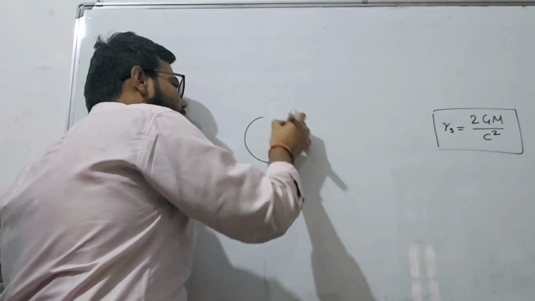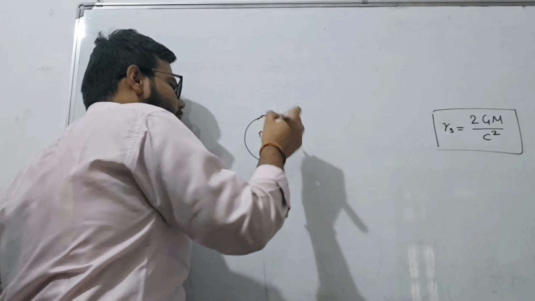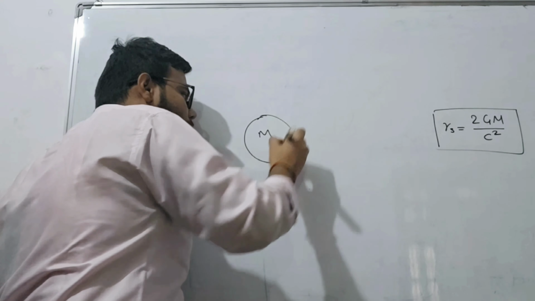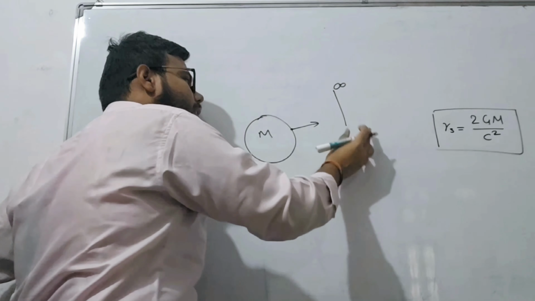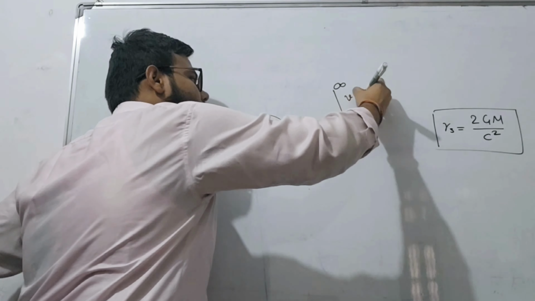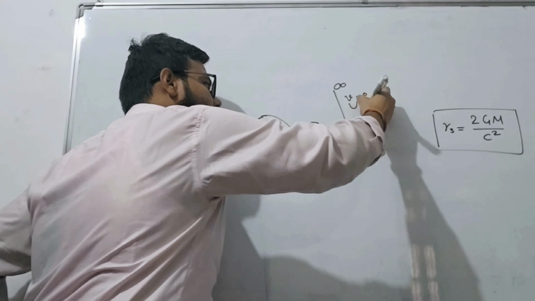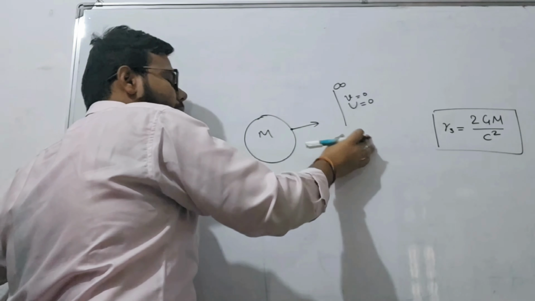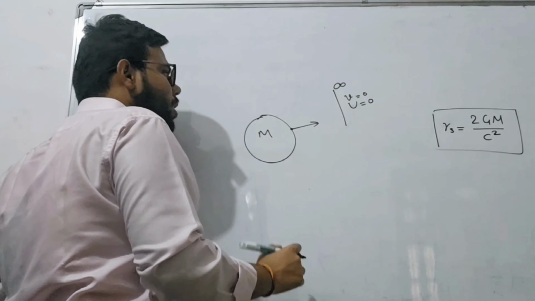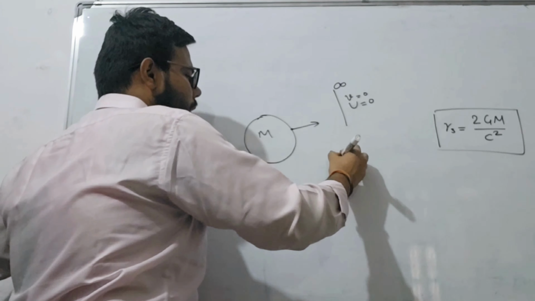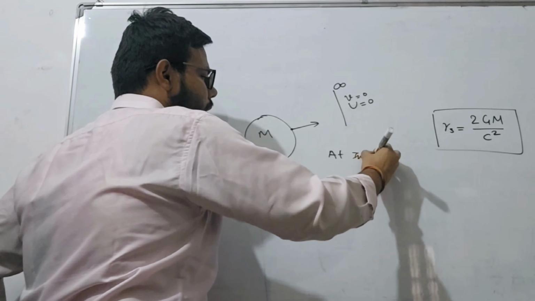Suppose you have a planet of mass M or any other body, and from that you have to escape to infinity, such that at infinity you have velocity 0 and your gravitational potential energy will also be equal to 0, since at infinity r becomes infinitely large. So at infinity, what is your total energy?